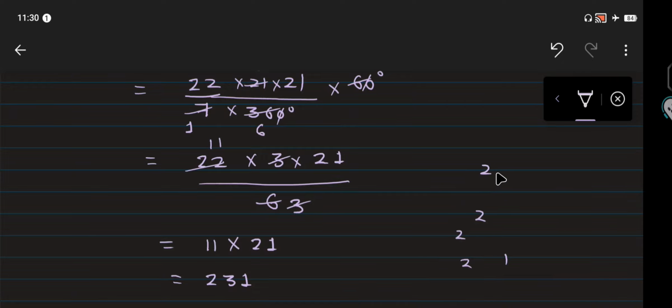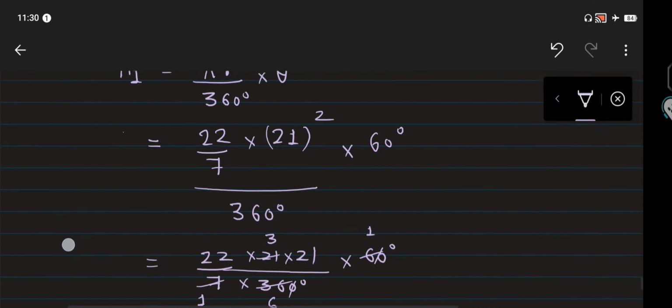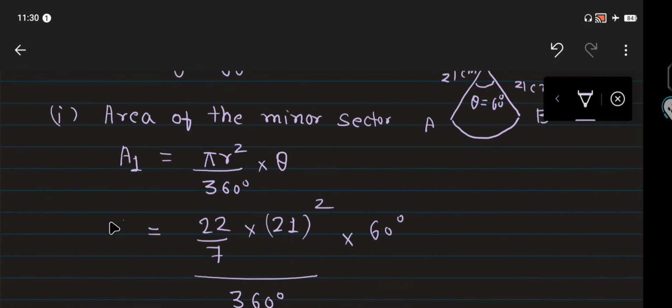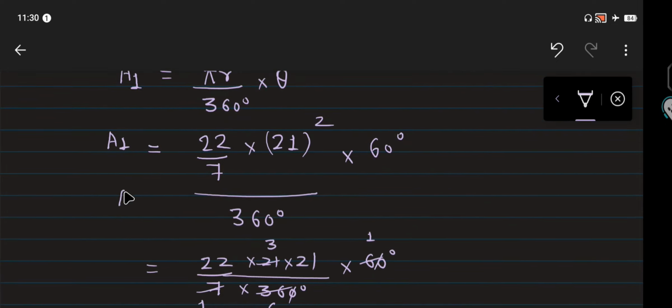Also write the unit for the area. It will be centimeter square. So we have calculated the area of the minor sector, and it is coming 231.